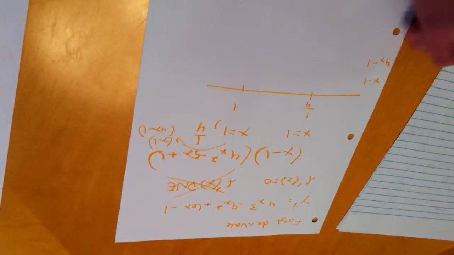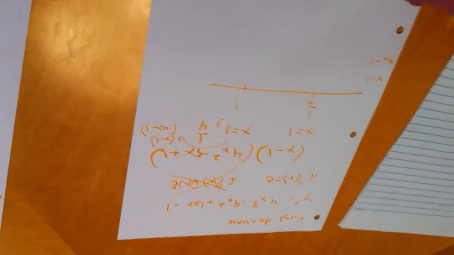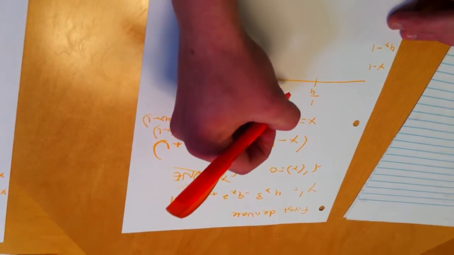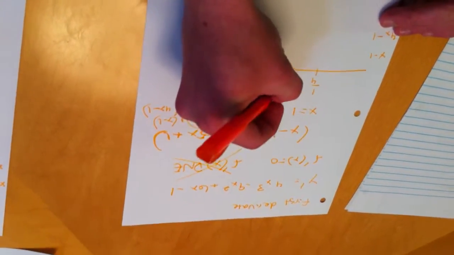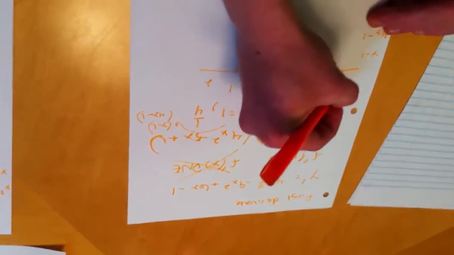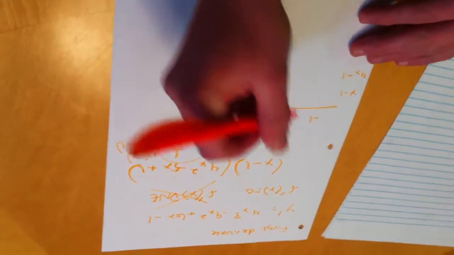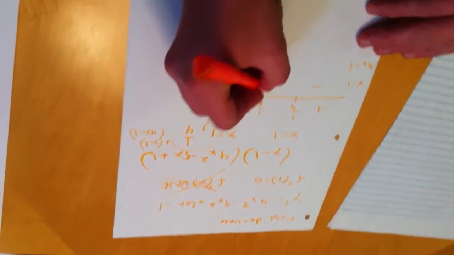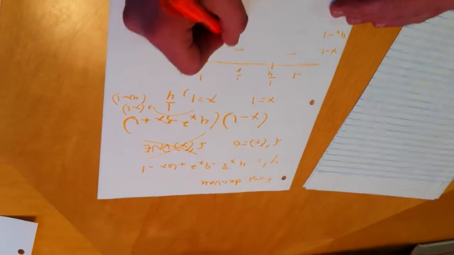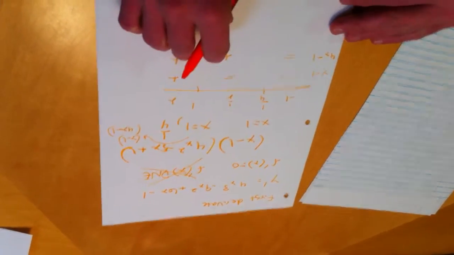You pick a number less than 1/4, a number between 1/4 and 1, which I used 1/2, and then 2 for this one, -1 for this one. You end up getting negative, negative, positive, and for this one negative, positive, positive.